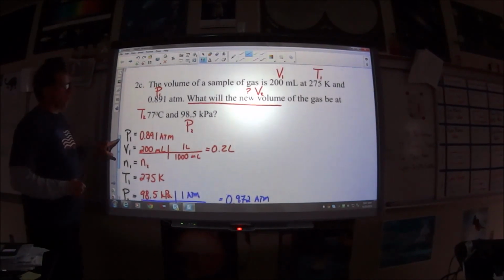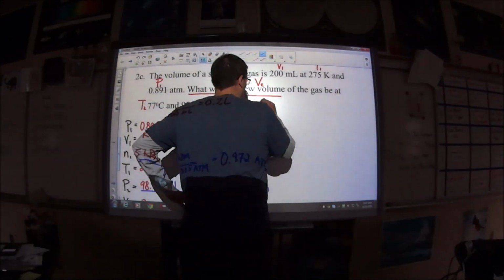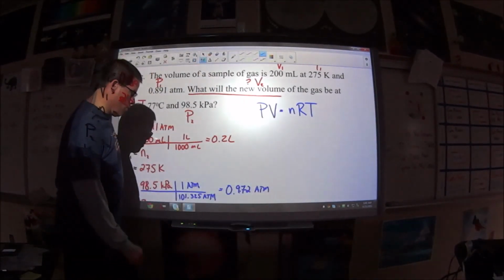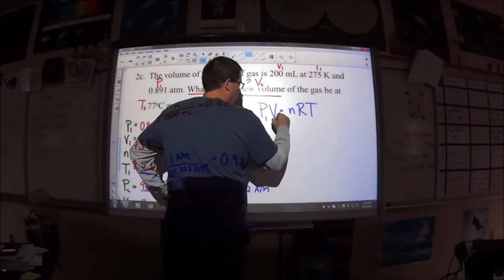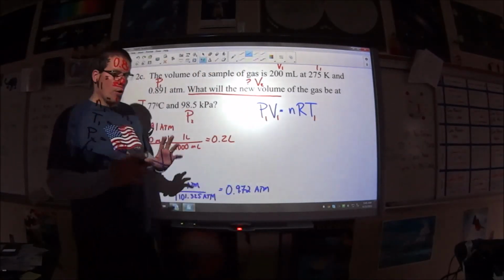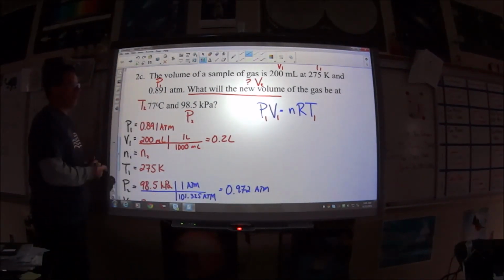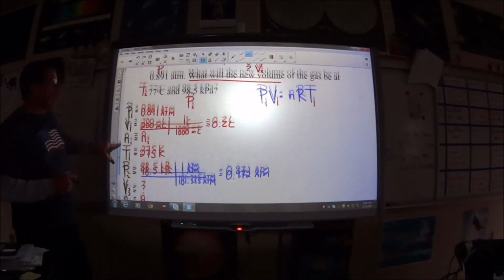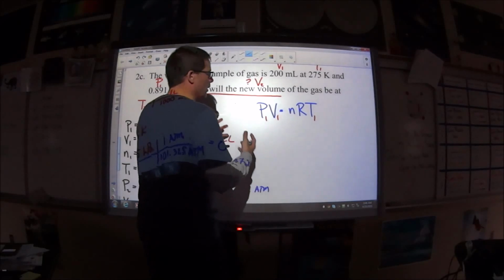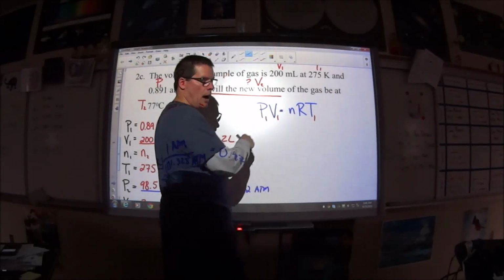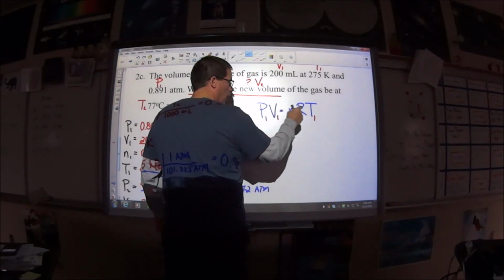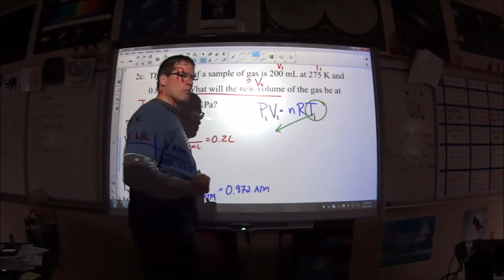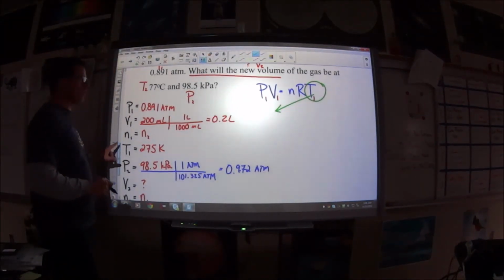Now, what we need to do is rearrange our variables. So again, PV equals nRT, and we know our pressure, volume, and temperature. Again, those are the variables that are defined, given to us in the problem, or what we're looking for. Now, since the question is asking for a volume, we need to make sure that when we rearrange this initial set of conditions, volume stays on top. So we need to divide by T1, and we're going to leave N and R alone, because by itself it doesn't change.